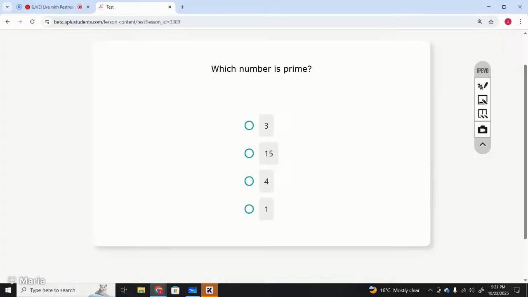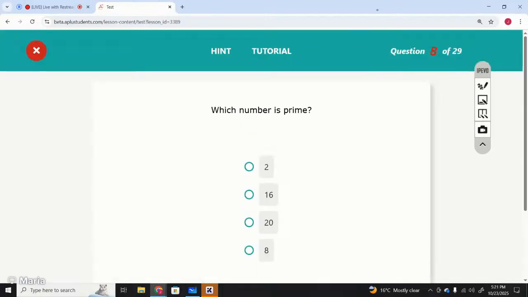Which number is prime? 3 is the only prime number. Okay, you can complete the lesson by yourself today. Let me move on to the next lesson.